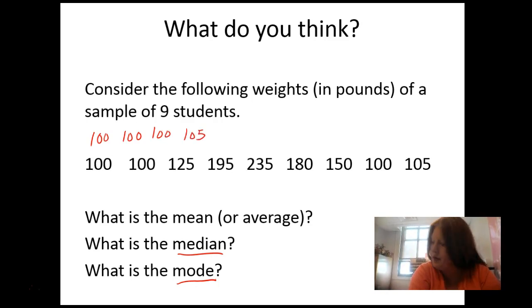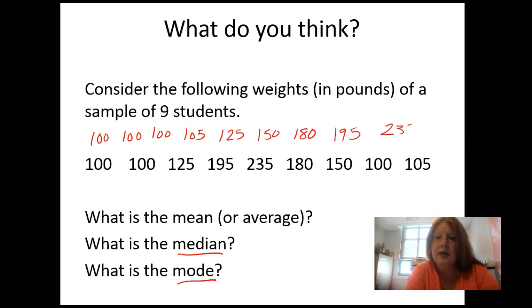So I'm just writing out the numbers in numerical order, from smallest to largest again. And as always, I will encourage you to check my numbers here, my calculations. Okay, so we have all 9 of them. They're in order from smallest to largest.